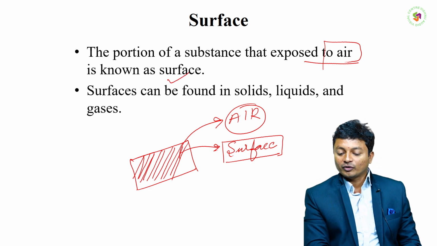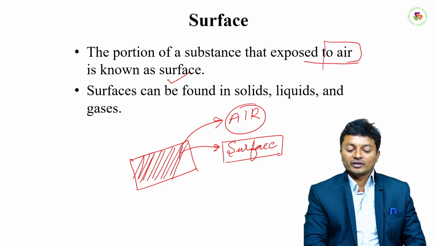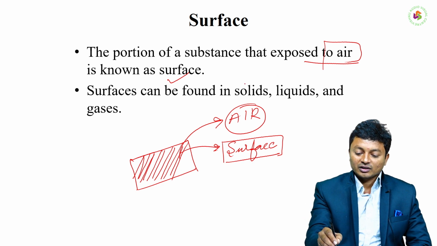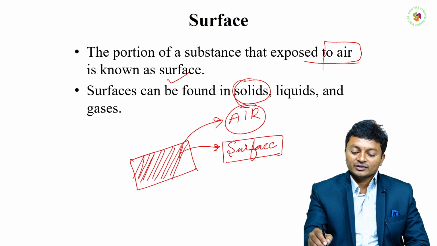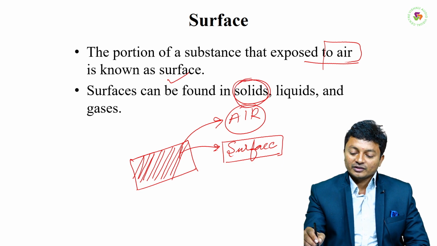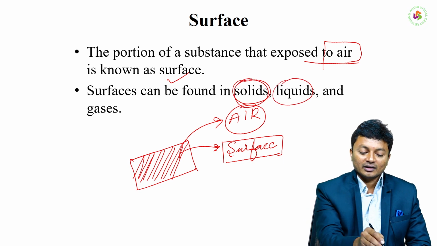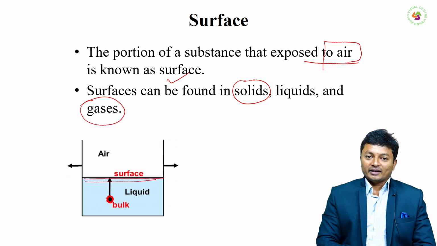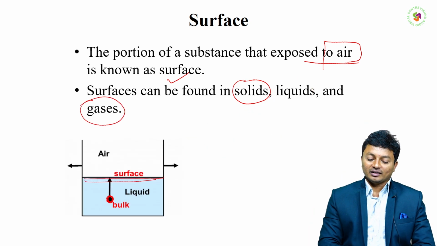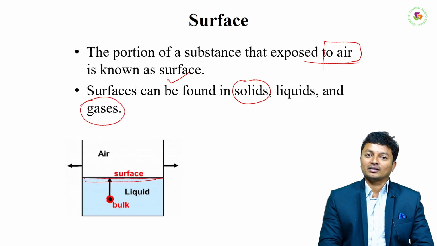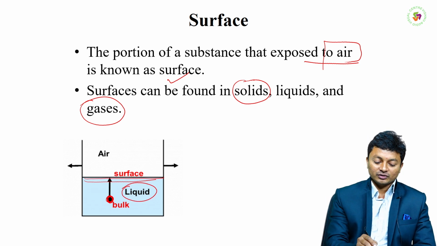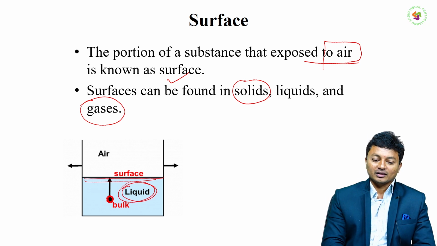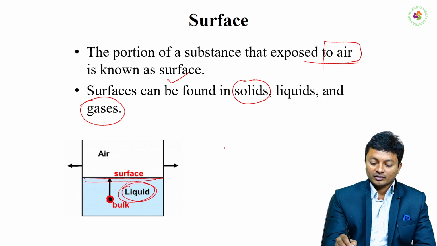Surface can be found in solids, liquids and gases. So there are three different materials here. Solids, liquids and gases all contain a surface. To understand the surface in detail, we can take a liquid in a beaker, containing some molecules.